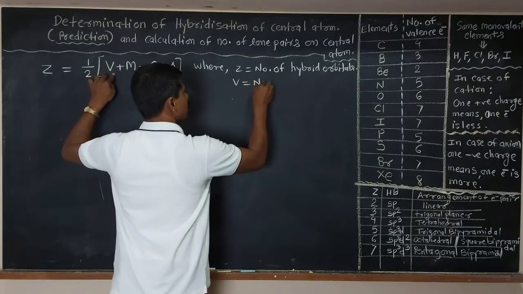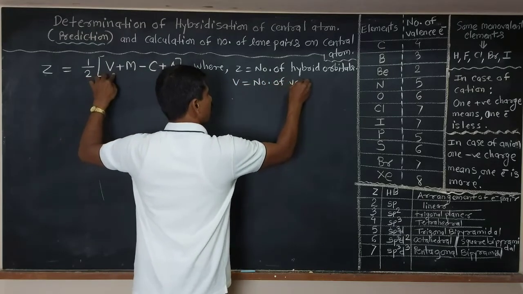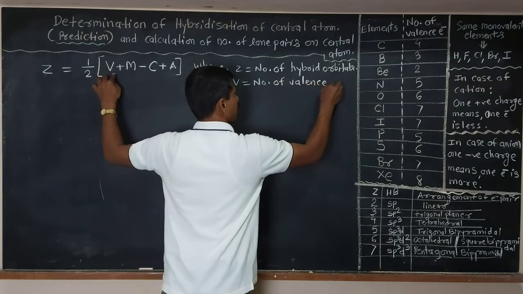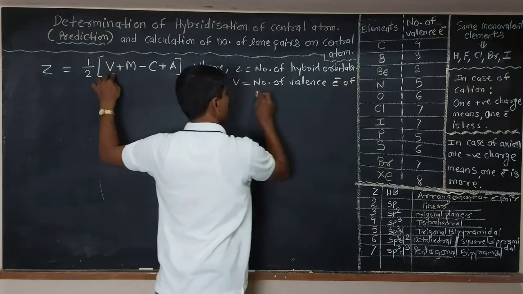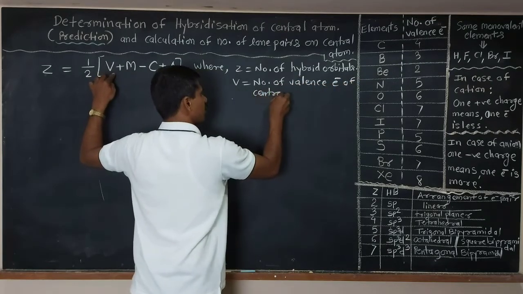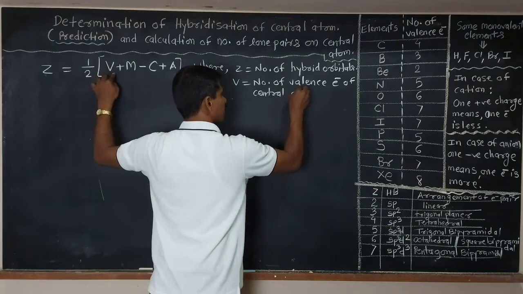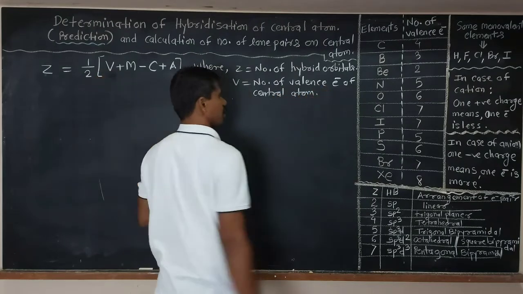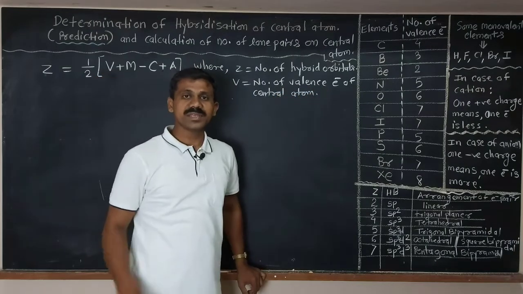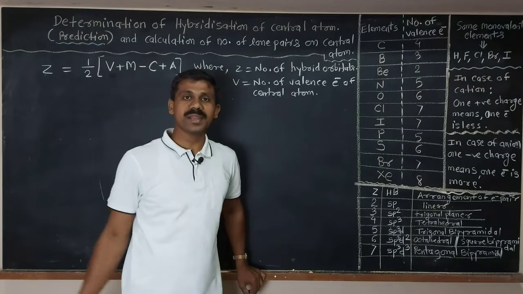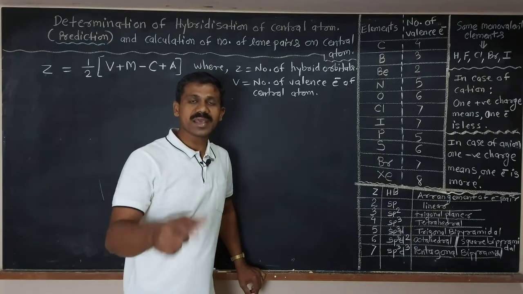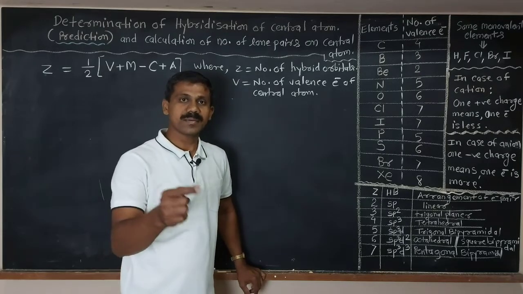V is the number of valence electrons of the central atom, which is very important. In this lecture we will see about 15 more trending examples of hybridization.